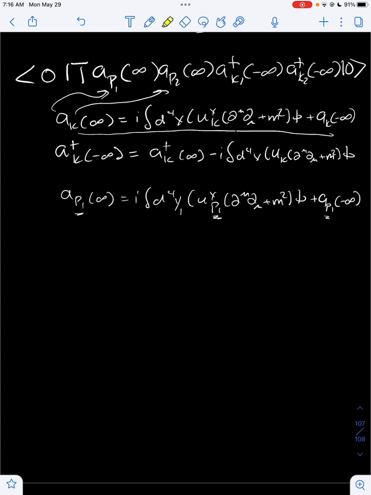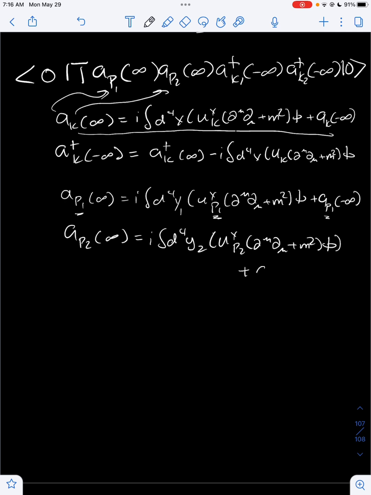But basically, we're going to do the same thing for a p2. a p2 of infinity is going to be i, the space-time derivative of y2, u conjugate p2, and then this thing over here, then phi, and then plus a p2 of minus infinity.